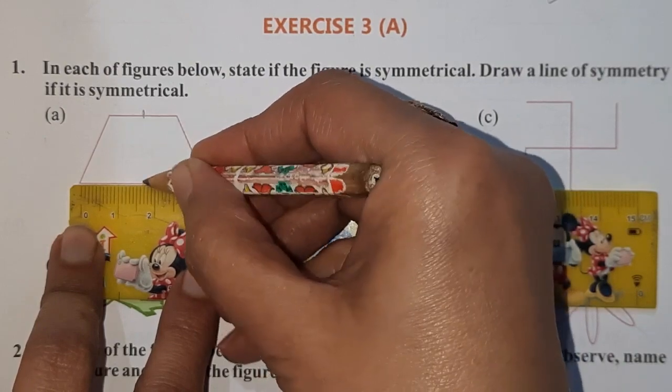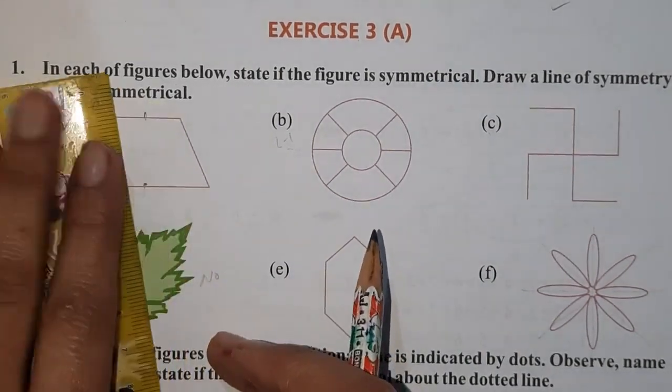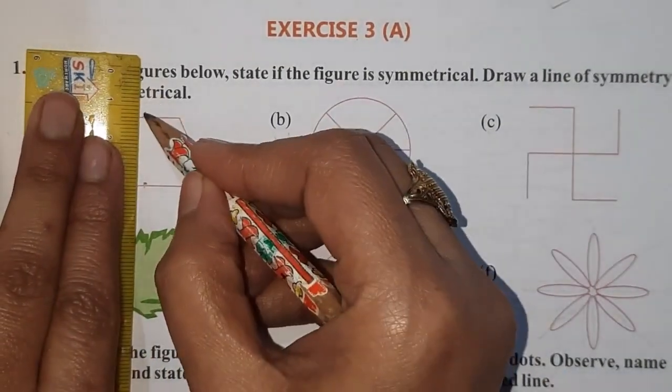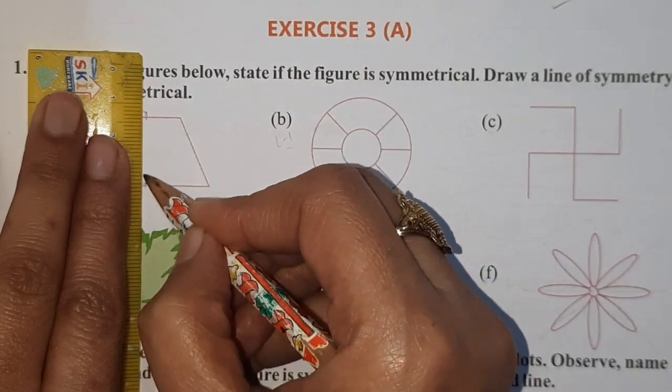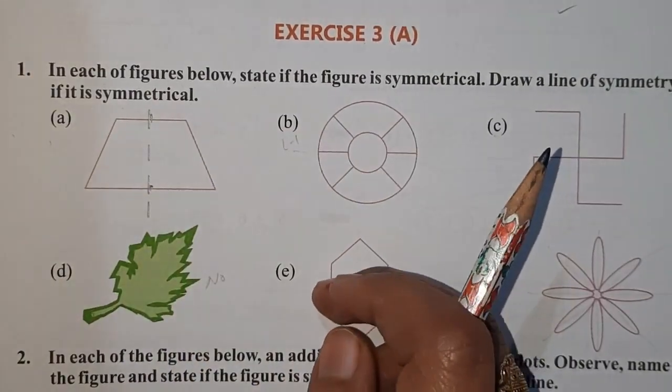So here 1.7. Now join this with the dotted line. Line of symmetry will be drawn always dotted in this way.